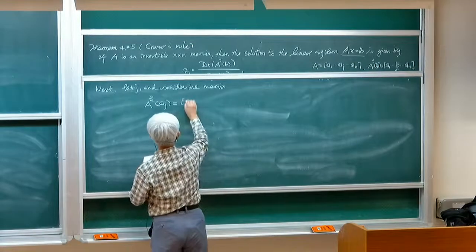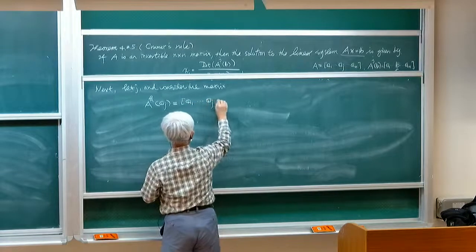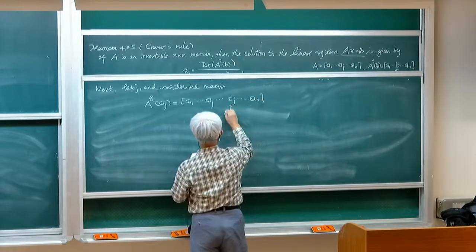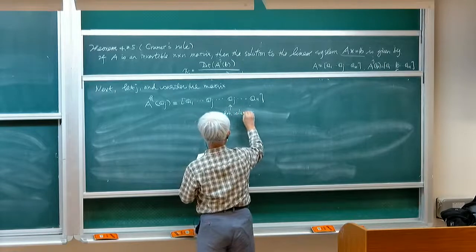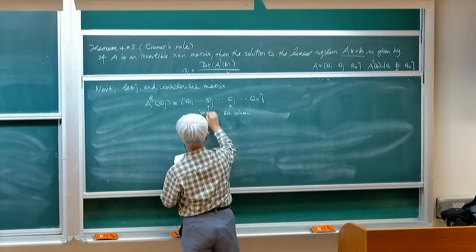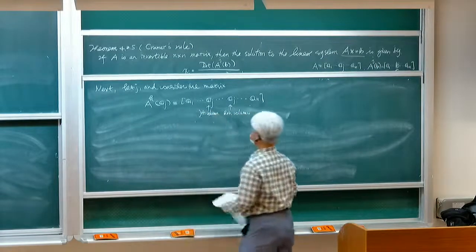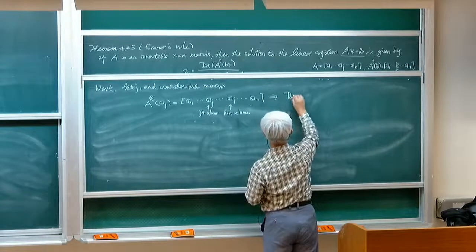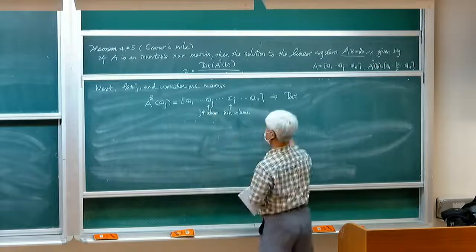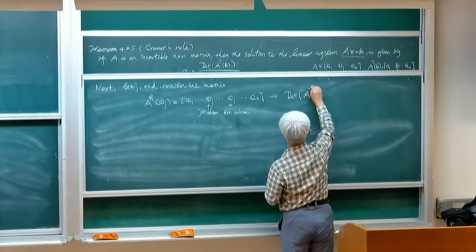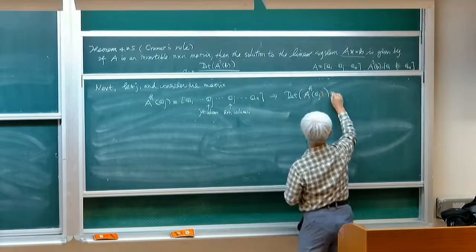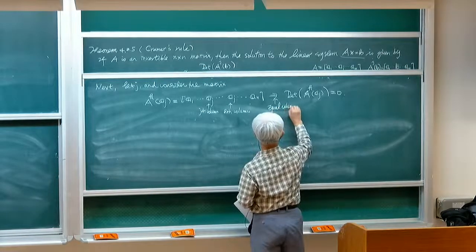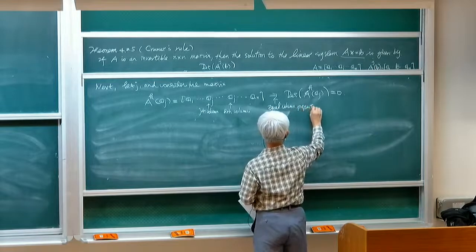So you have the kth column and the jth column, both equal to the jth column of A. Immediately we know that, because they have two equal columns, the determinant of A_kj is equal to 0, because of the equal column property.